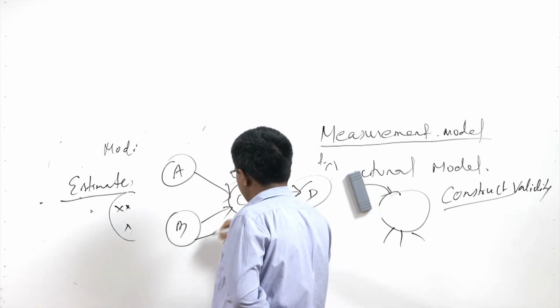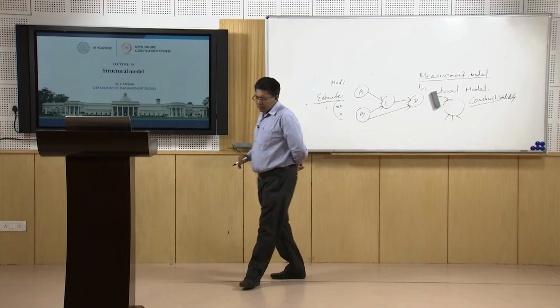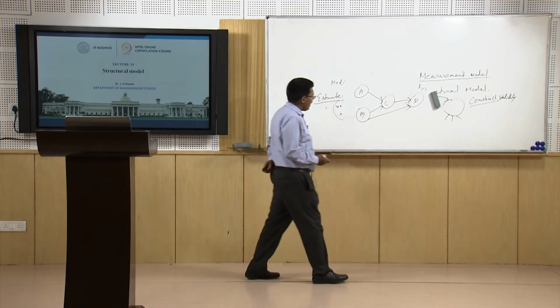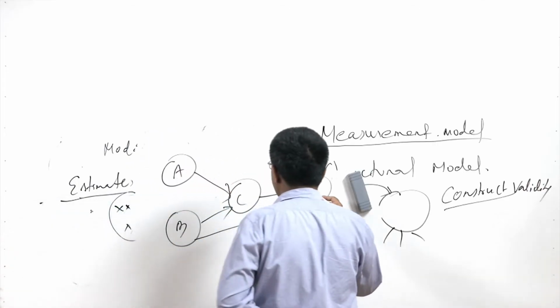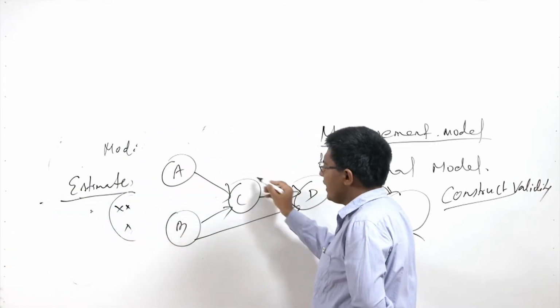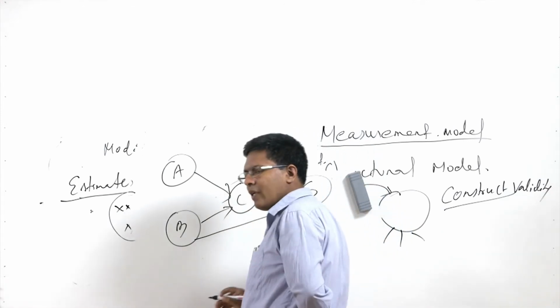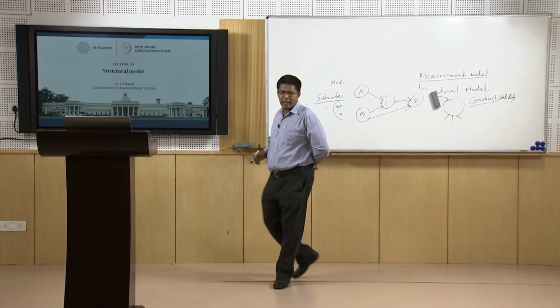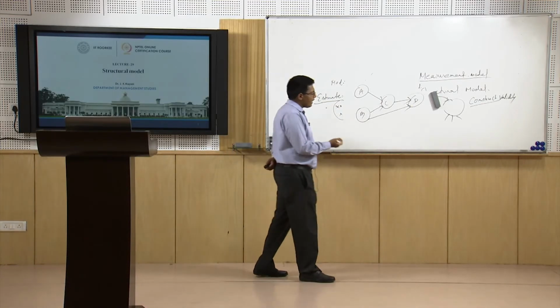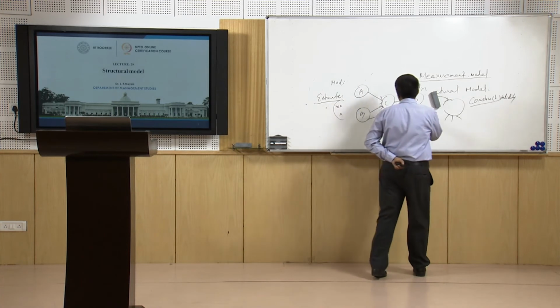If you see in this case, A is affecting D also through C. B is also affecting D through C, as well as directly. So B has a direct effect also, and B has an indirect effect also.